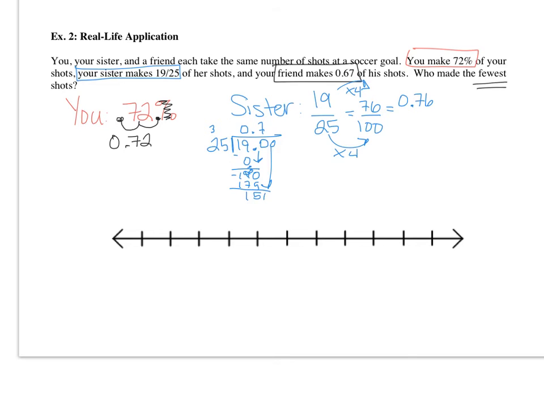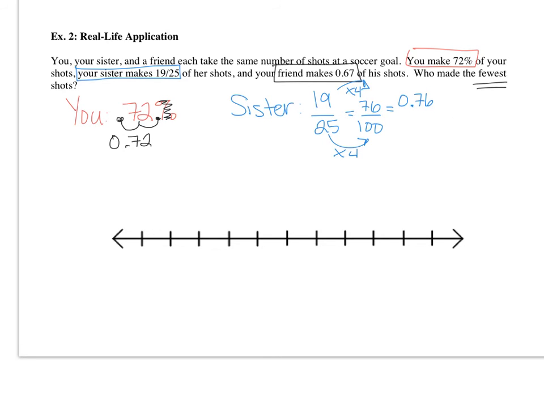Drop down that 0. 25 goes into 150 6 times. 6 times 5 is 30. Carry the 3. 6 times 2 plus 3 is 15. So I have a remainder of 0. I know that I did that one correctly. But for space purposes, I'm going to erase this, since I need space down here.